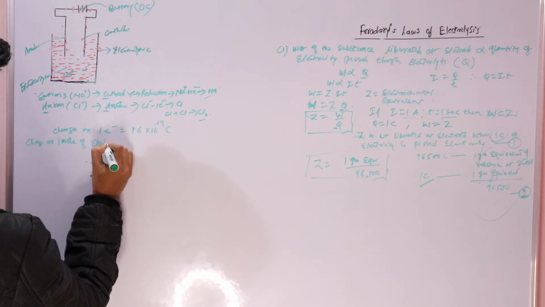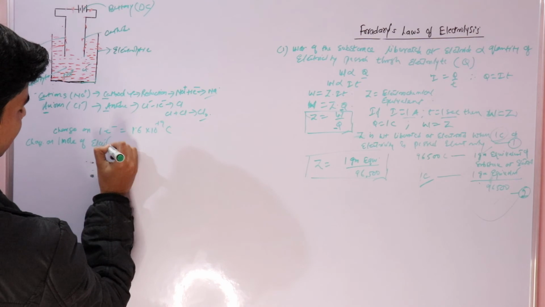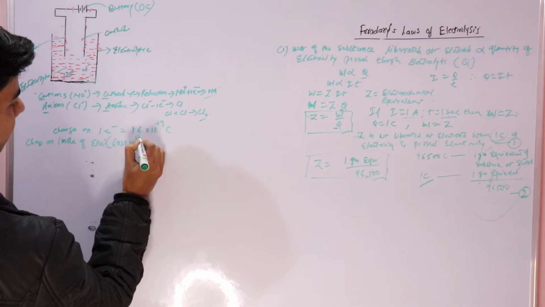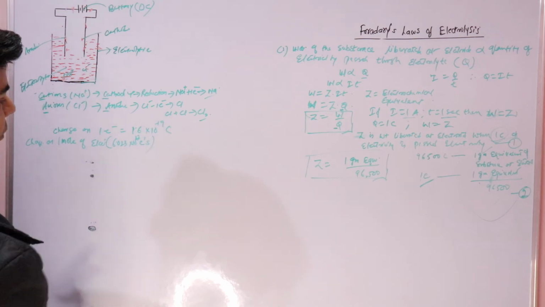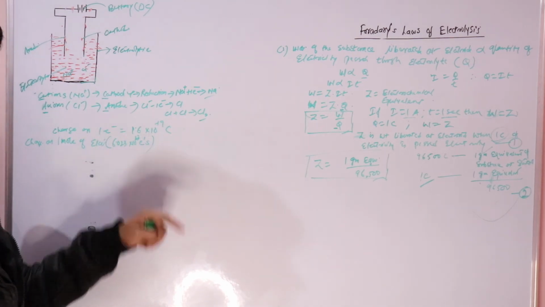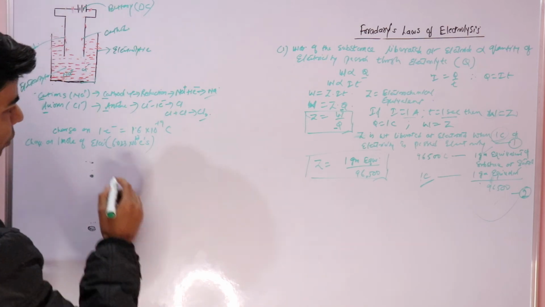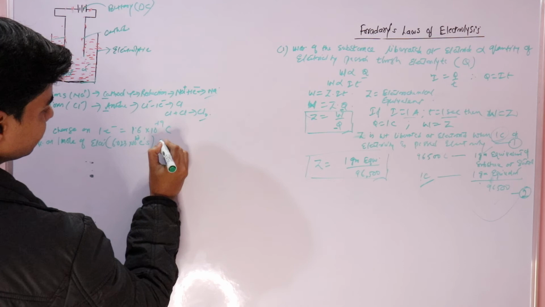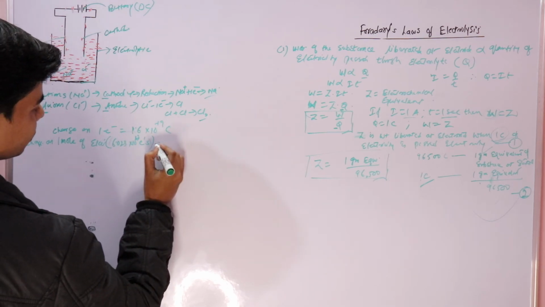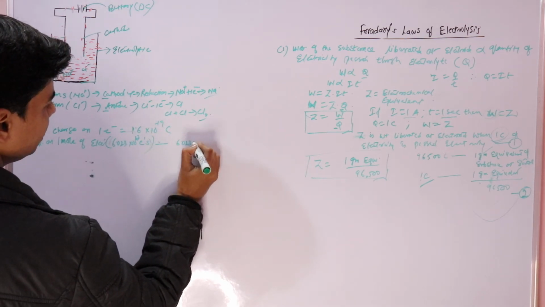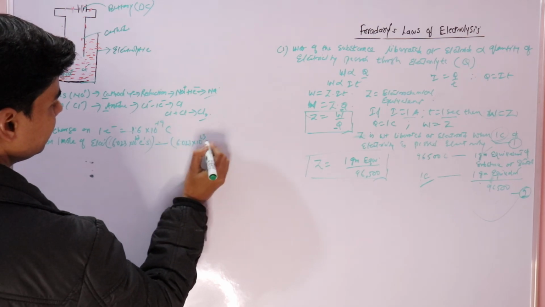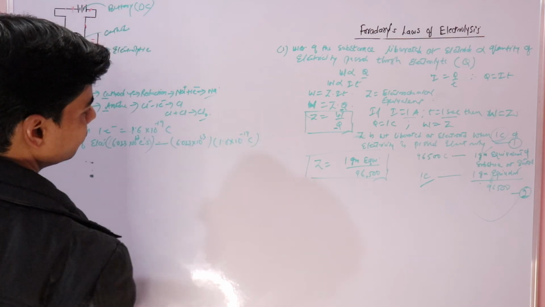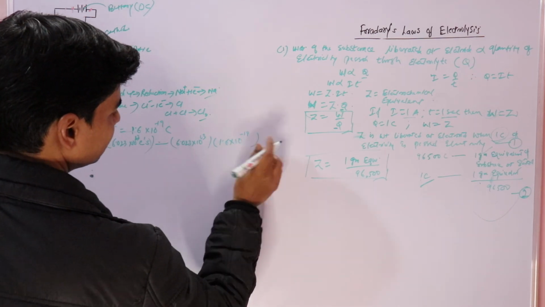So for the charge on 1 mole of electrons, we know that in 1 mole we have 6.023 into 10 to the power of 23 particles, or electrons. So if on 1 electron we have this much charge, then on this number of electrons we will have 6.023 into 10 to the power of 23 multiplied by 1.6 into 10 to the power of minus 19 coulomb of charge, right?